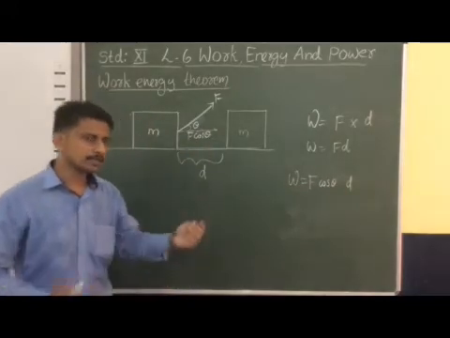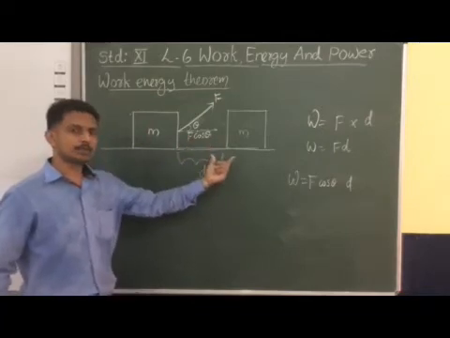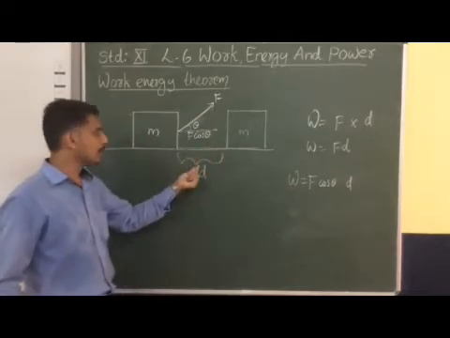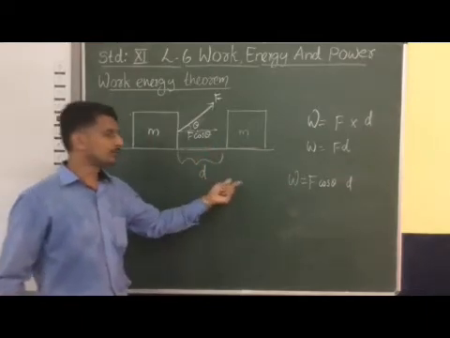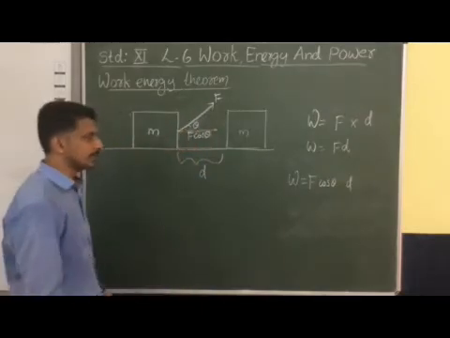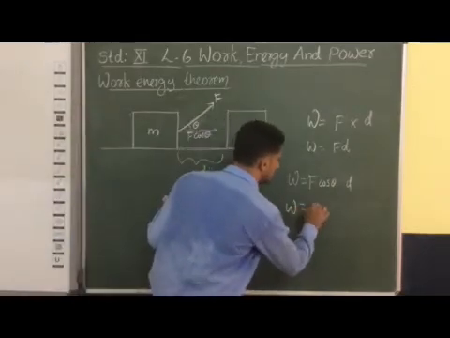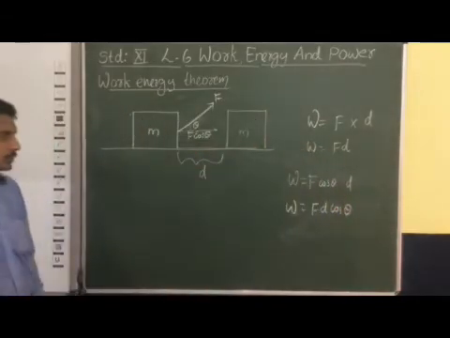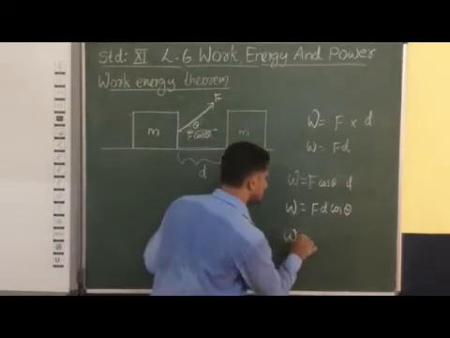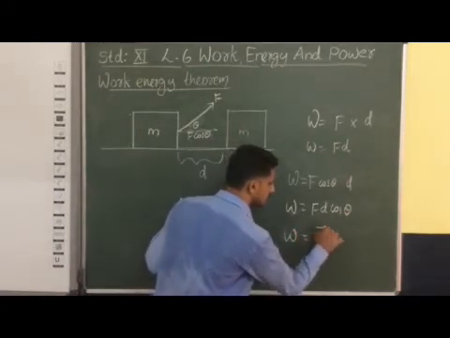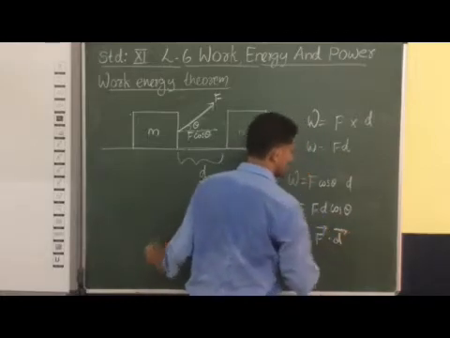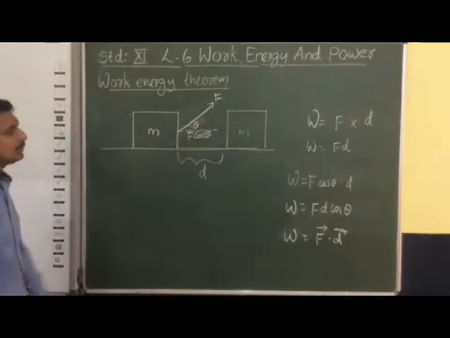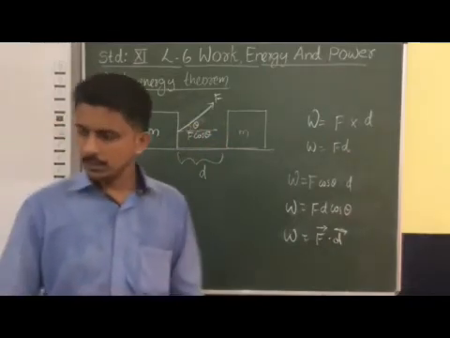So work done is equal to F D cos theta. If you want to represent this in terms of vectors, we can write it as F dot D. This is the value of the work done.